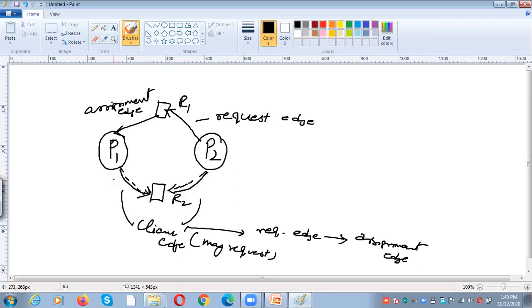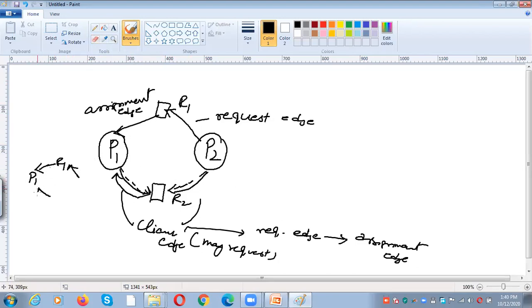For example, if you assign a resource to P1, what happens? If you assign R2 to P1, what happens? From this diagram, R1 is allocated to P1.